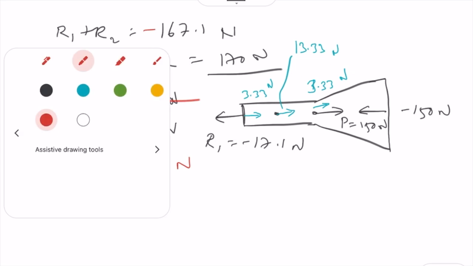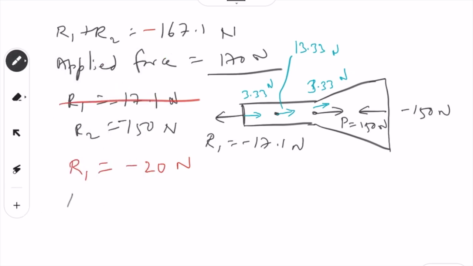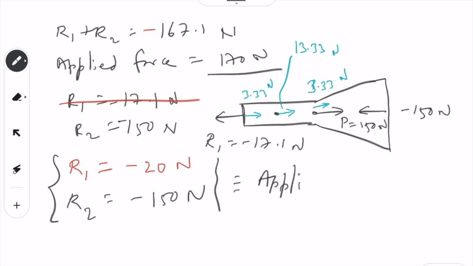So finally the correct value we get is R2 equal to minus 150 Newton, which is equal to the applied load, 150 plus 20 equal to 170 Newton.